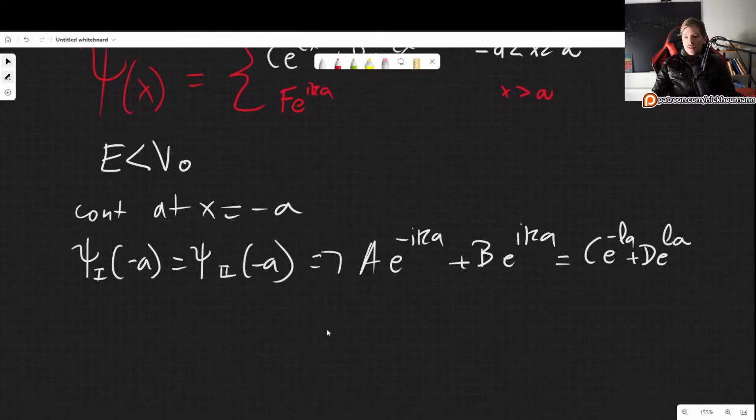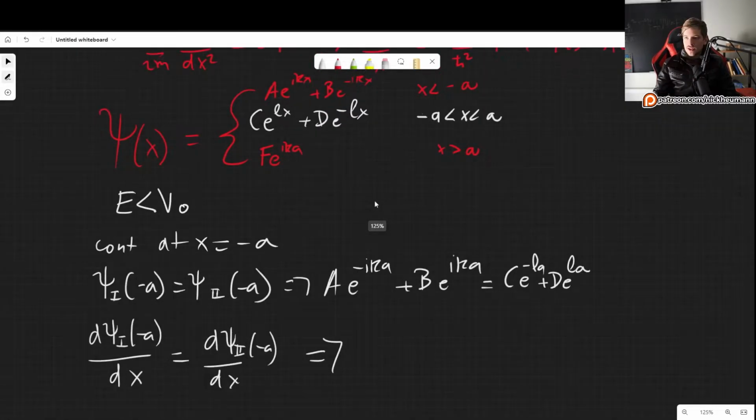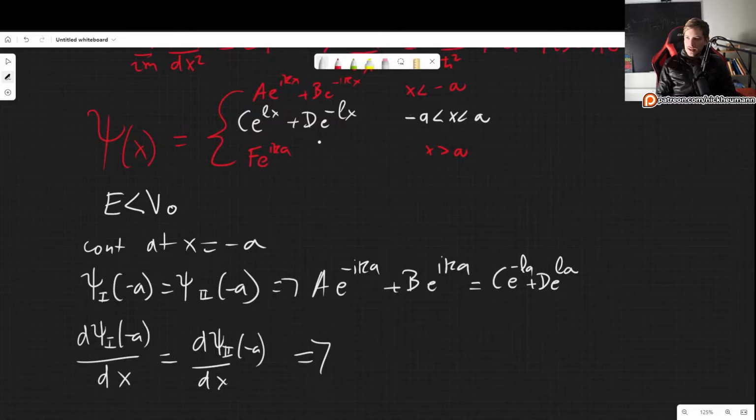Now from the continuity of the first derivative, we get that d psi 1 dx evaluated at minus a has to be equal to d psi 2 dx at minus a. So from this condition, deriving our wave function, we have ik A e to the minus ika, then minus ik B e to the ika.